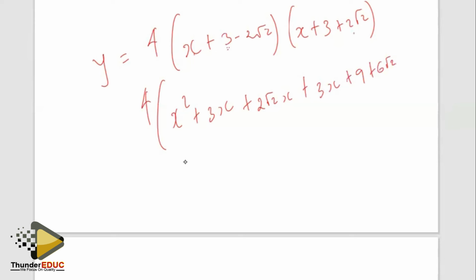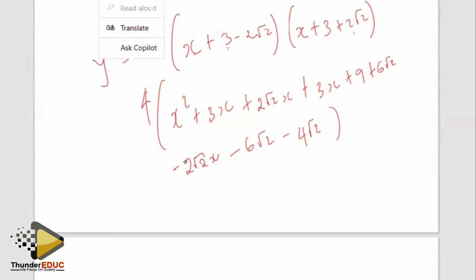Then lastly, we have this and that, which is going to be minus 2 root 2x. This and that, let me just erase this plus sign. So we're saying root 2x, and that's going to be minus 6 root 2. This and this is going to give us minus 4 root 2.